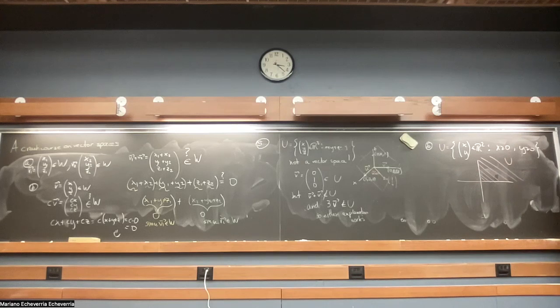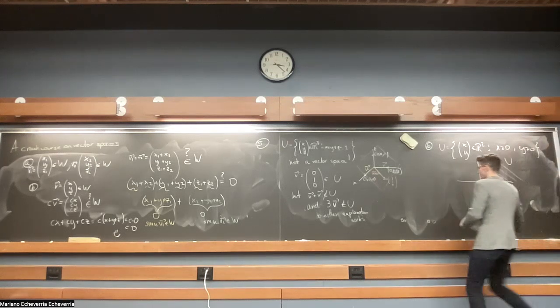Is it clear that if you add two vectors here, it continues to be in the first quadrant? Because if you have two things whose entries are non-negative, if you add them together, their entries continue to be non-negative. But now the multiplication property fails.